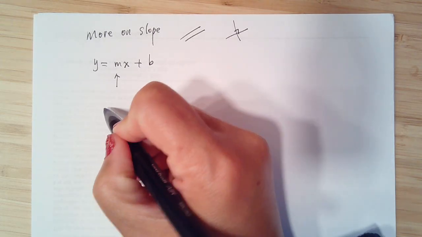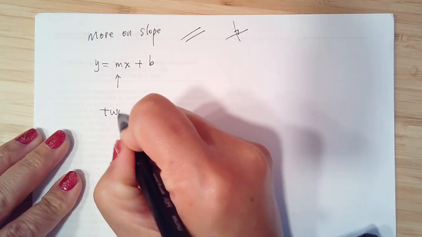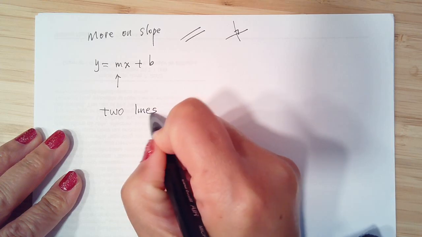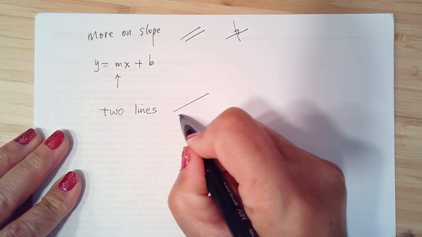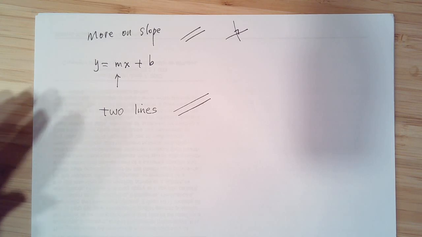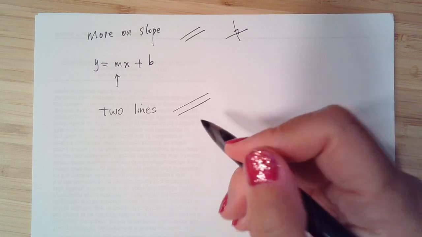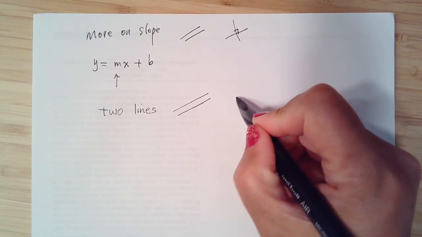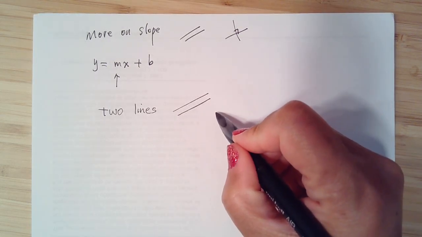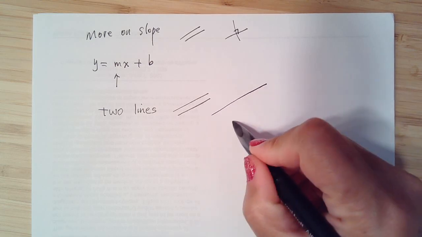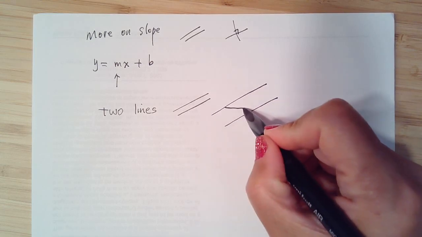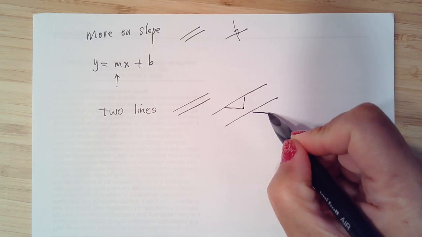So what happens if you have two lines and they're parallel to each other? You know what parallel means? Parallel means just like the rail track. The distance between them stays the same, they never meet, they never cross, and they will never be too far or too close. So if I have two lines that are parallel, their rise over run are exactly the same.